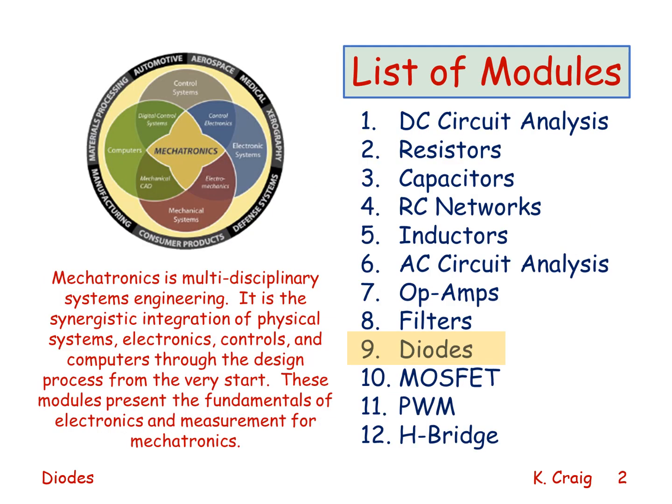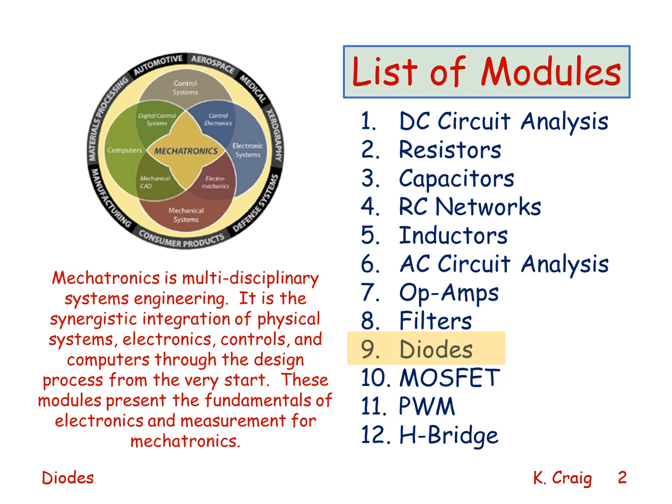What is mechatronics? The diagram you see I created in 1995 as a professor at Rensselaer Polytechnic Institute. It is now used throughout the world to represent the field known as mechatronics. Mechatronics is multidisciplinary systems engineering.